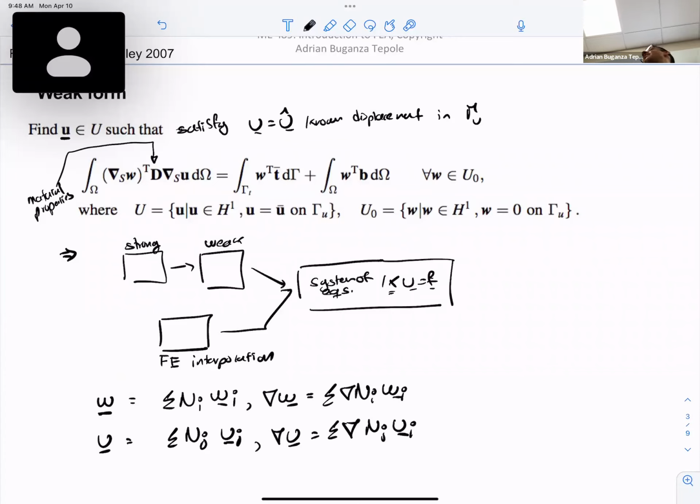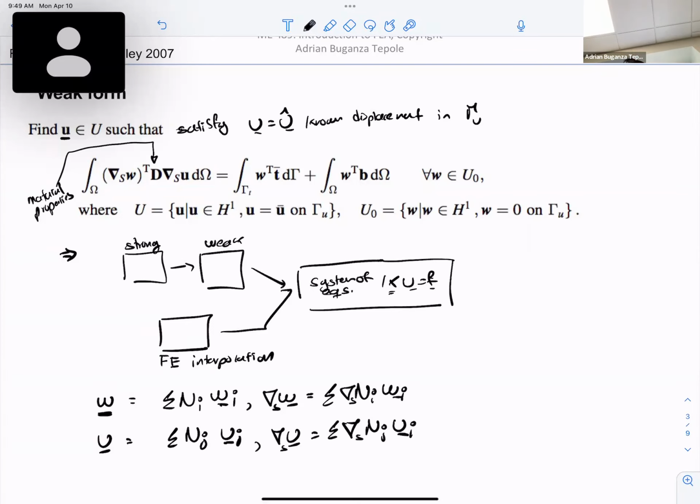The only difference is that these are vector instead of scalar quantities. So for the temperature, we had temperature was sum of shape functions times nodal values of the temperature. The weight functions in the heat transfer problem was sum of shape functions times the nodal values. Really, the only difference is that we went from scalar to vector, but the structure is the same. Just for notation, this gradient is a little bit special.